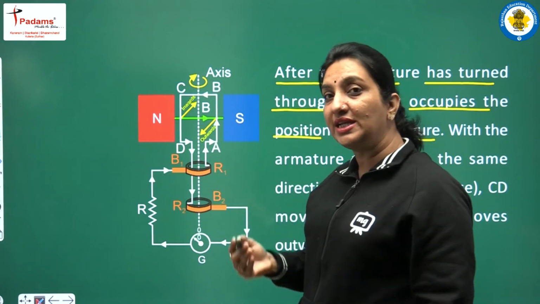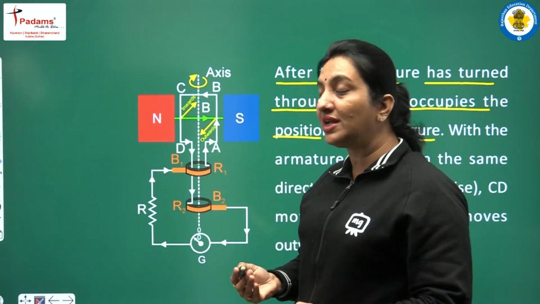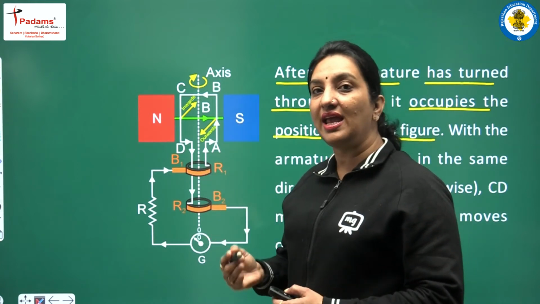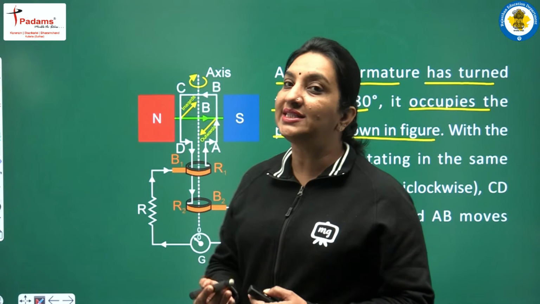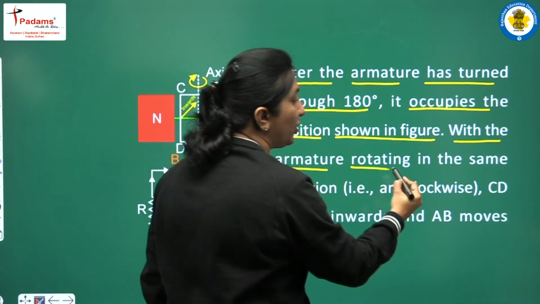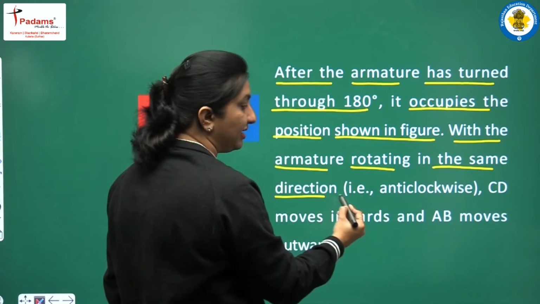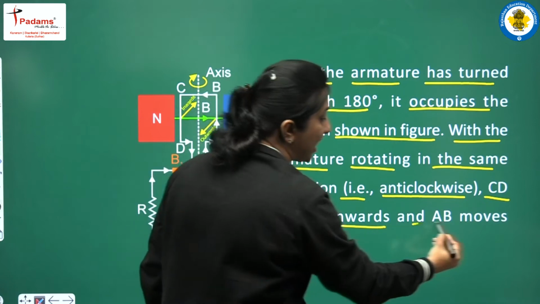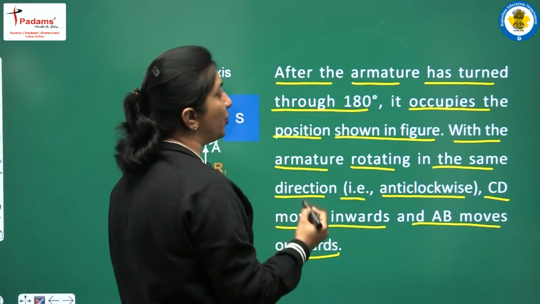So again calculating the direction of induced current, what we see is that in the armature the current is again in the anti-clockwise direction. So students, with the armature rotating in the same direction, that is anti-clockwise, CD moves inwards and AB moves outwards.